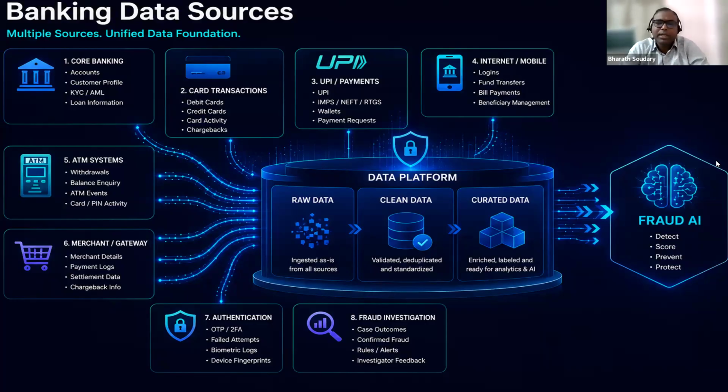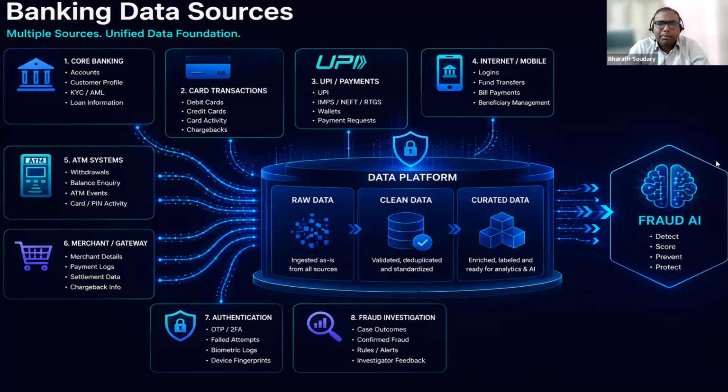When we think of these three levels, the raw data is original information, the clean data is validated and standardized, and curated data is enriched and prepared especially for analytics and AI.